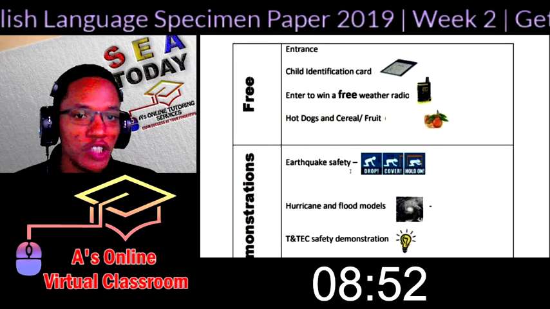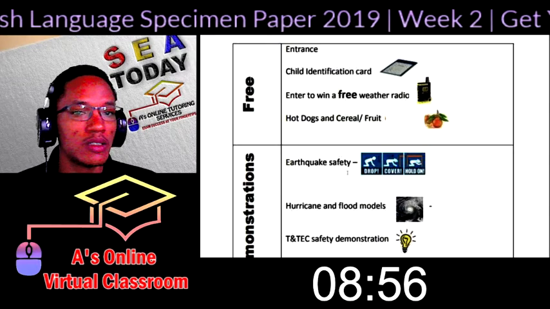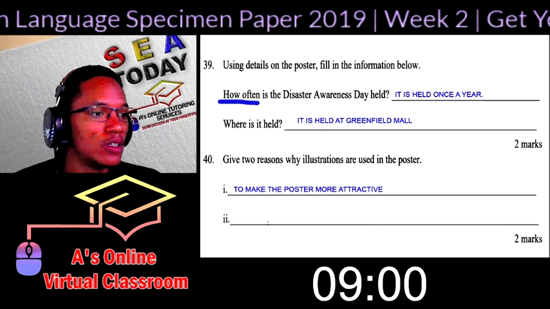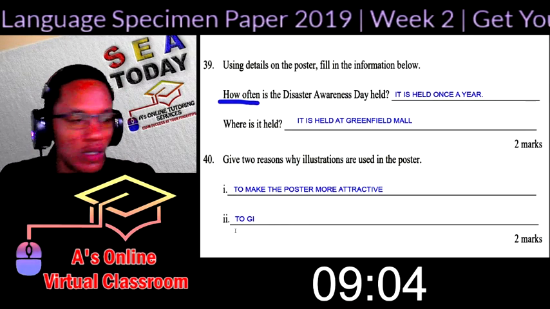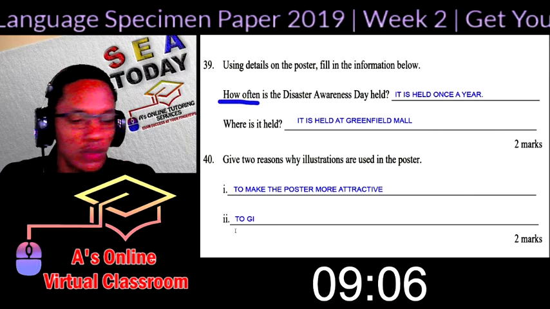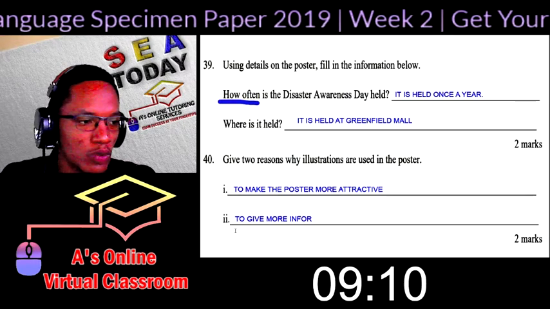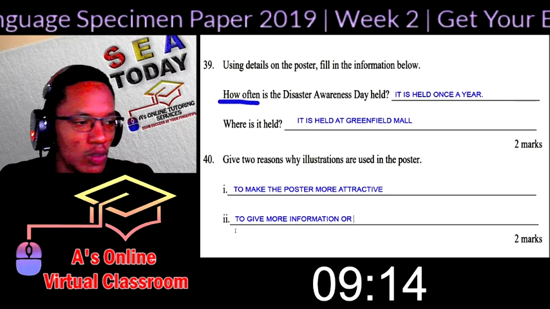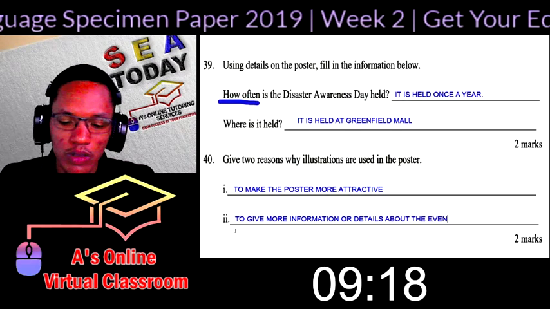So the illustrations themselves sometimes give more information and more details to the poster. So we can see that to give more information or details about the event.